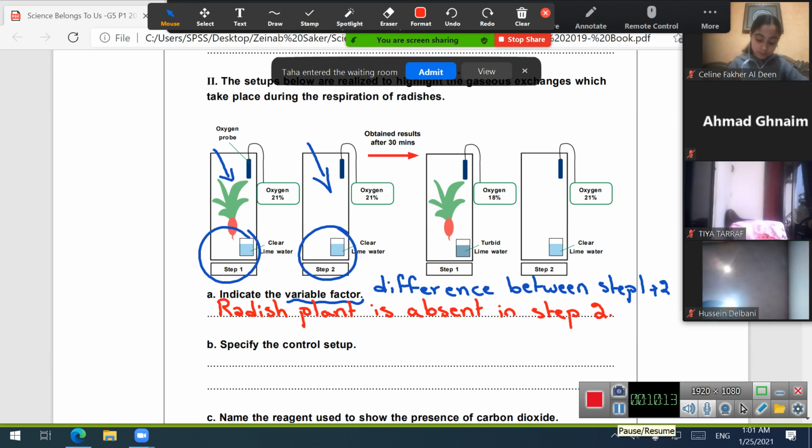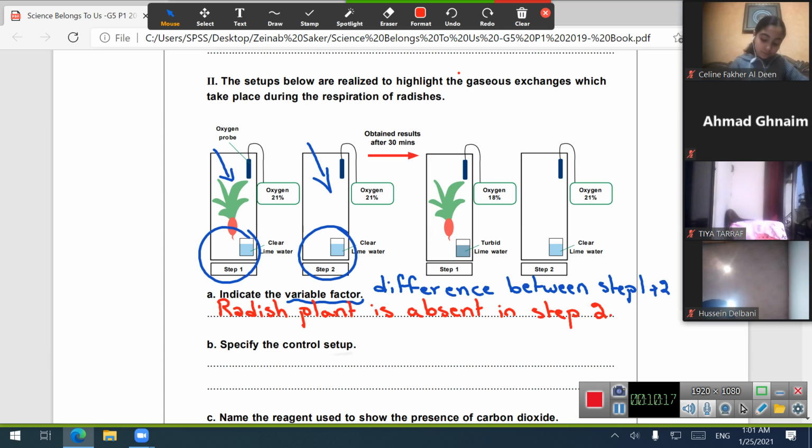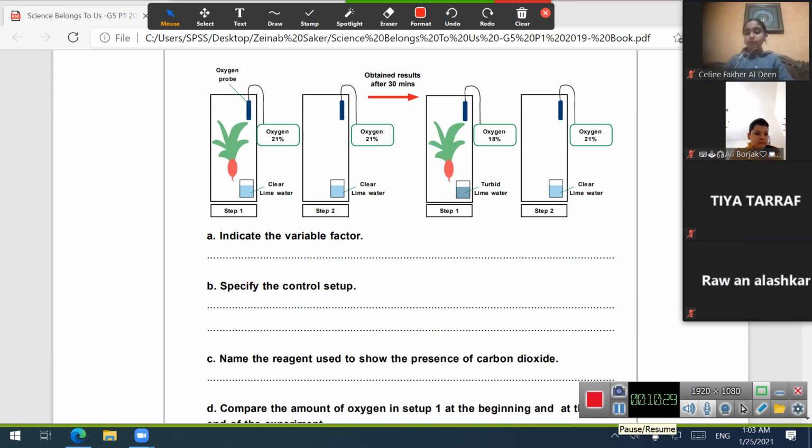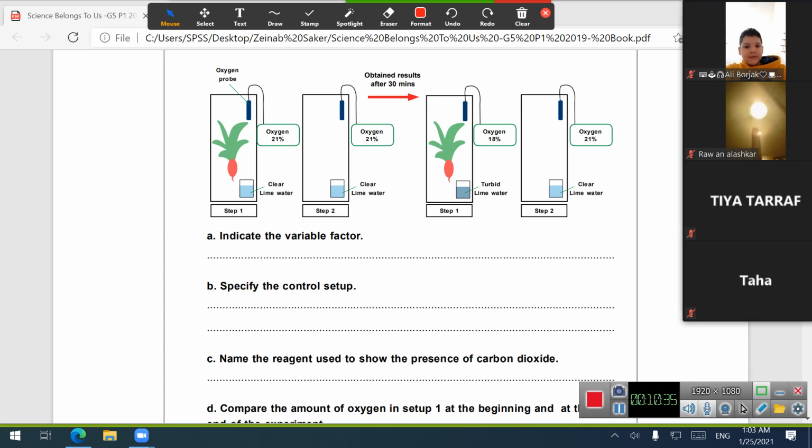Now, specify the control setup. The control setup means the setup which has no variation or no change. Which one is the control setup? So, Rahab, can you please specify the control setup? Step 2, no change.